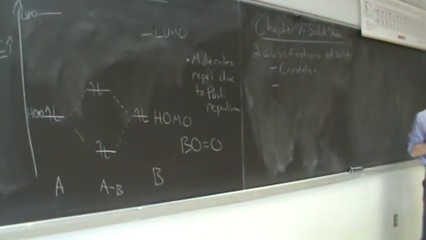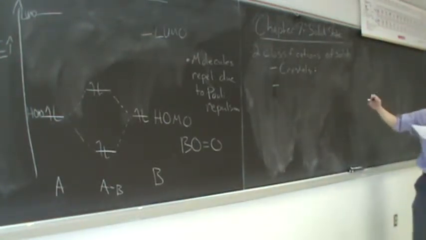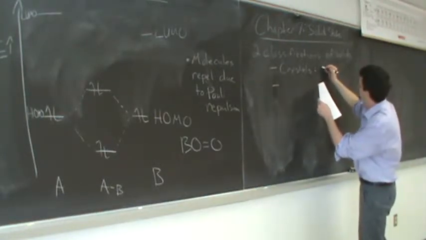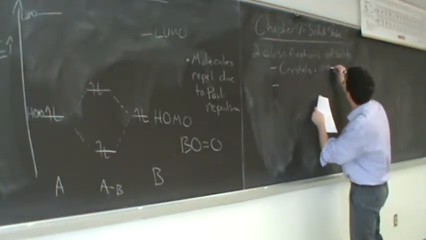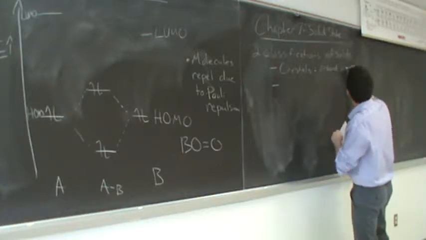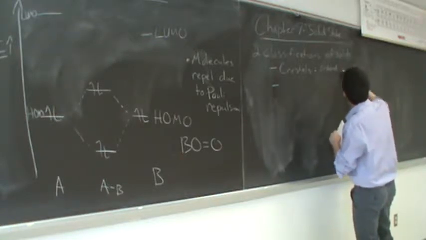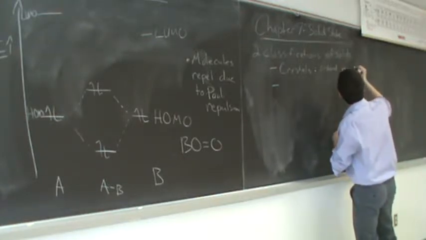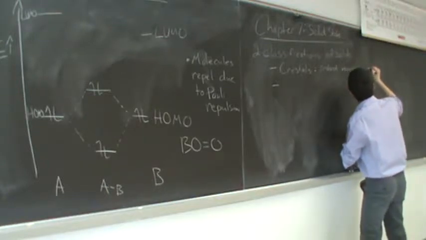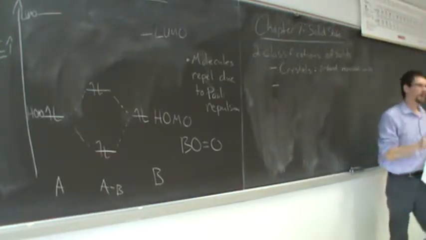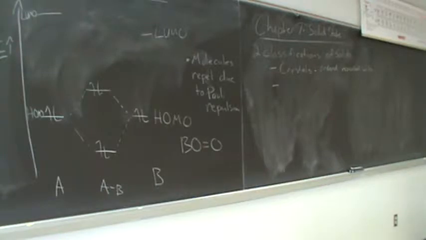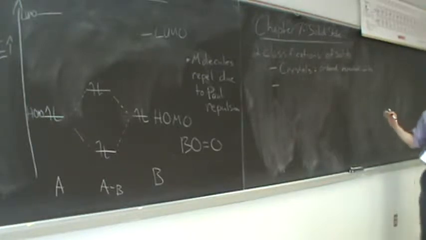It's uniform, yep, so there's usually a unit cell. So we're going to say it's ordered, repeated units, and if there's order, what are we really talking about?